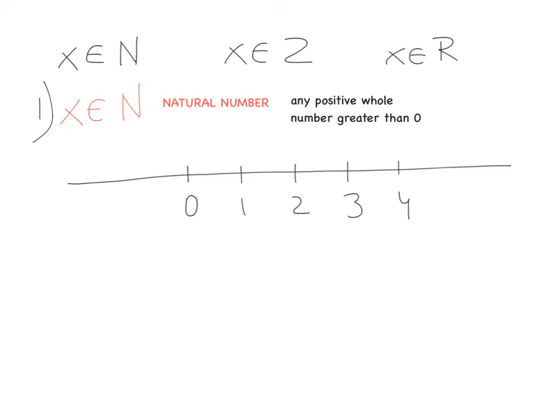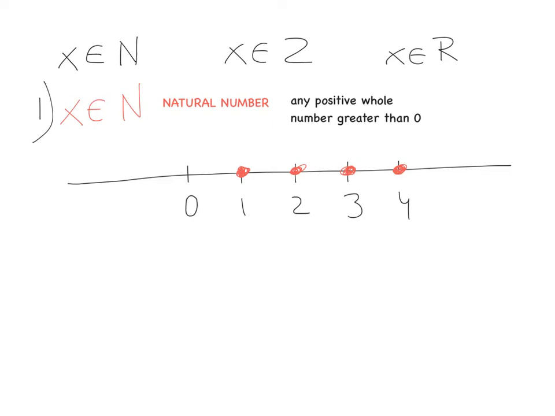Make sure you use pencil and a ruler, and your graphs are nice and neat. And as we know, a natural number is just a whole positive number greater than 0. So we need to mark 1, 2, 3, 4. Okay, so just dots on the number line.